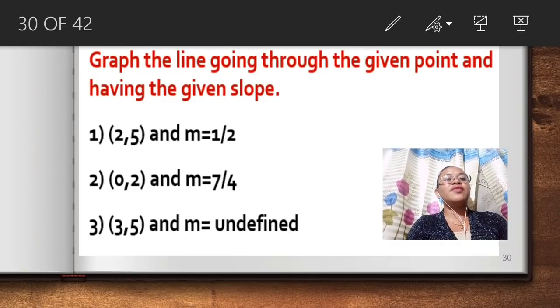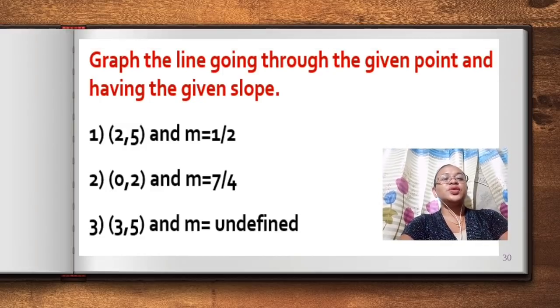So, you are given one point and you are given a slope. The slope is 1 over 2. Now, you already know that the slope is the change in y over the change in x. So, it is just easy to graph these lines with this given here. So how do we do that?